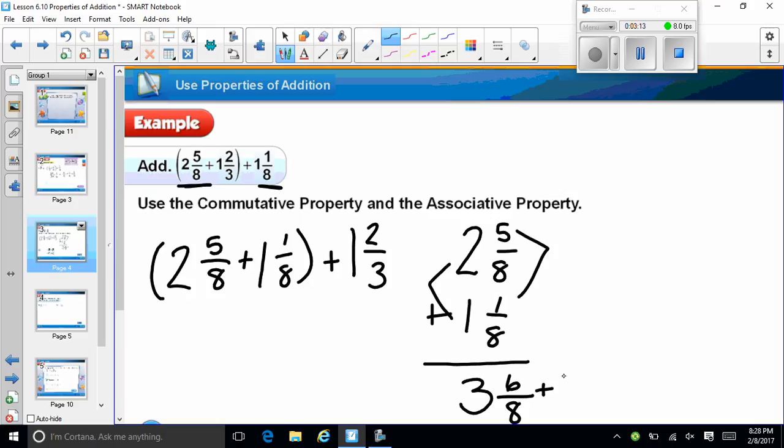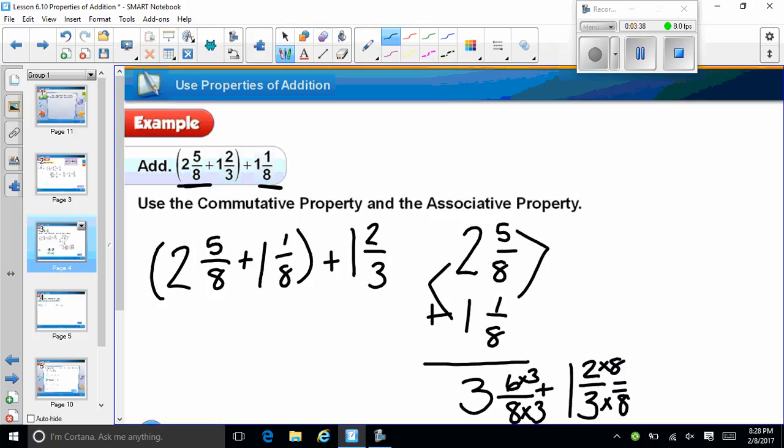Then I'm going to add my mixed number that is on the outside of the parentheses. How can I change these so that they're equal? Well, I know that 8 can change into 24 by multiplying it by 3, and I know 3 can change into 24 by multiplying it by 8.